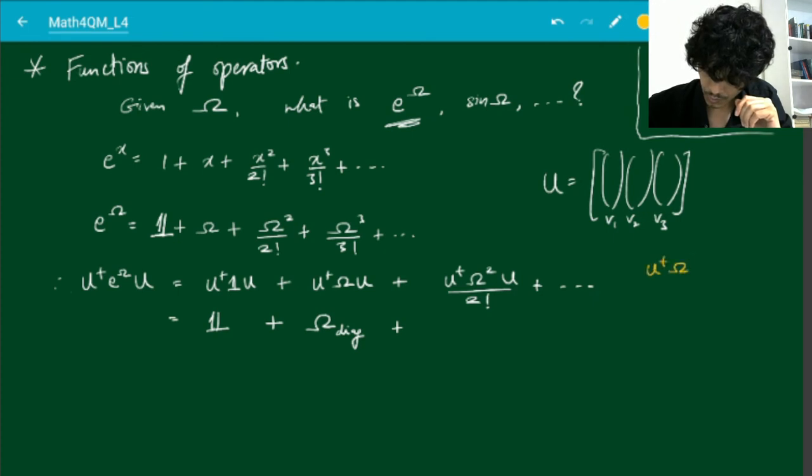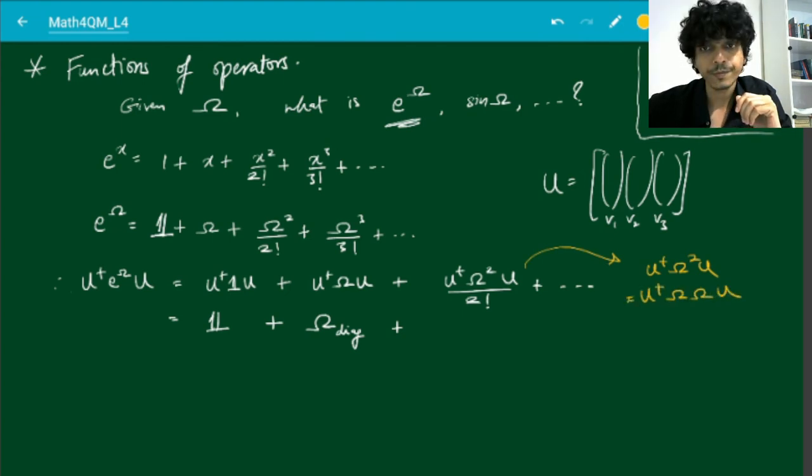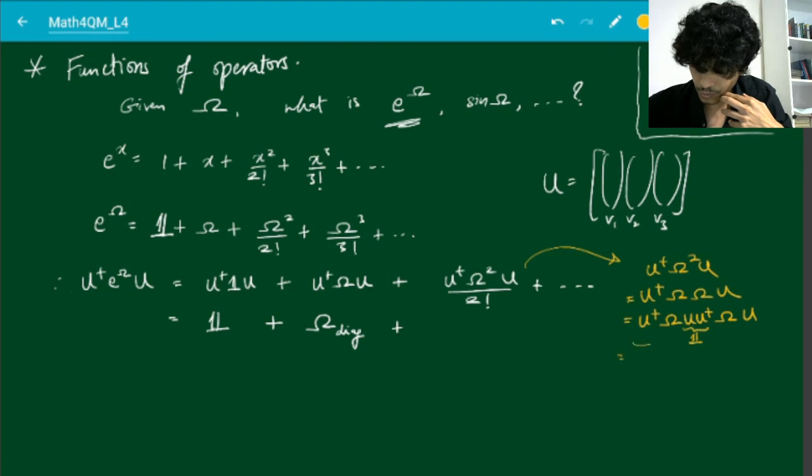U dagger omega square u is u dagger omega u. Between those two omegas, I'm going to sandwich a u u dagger because u u dagger is just identity. So I can put this anywhere. Now see, u dagger omega u becomes omega diagonal. Again, u dagger omega u becomes omega diagonal.